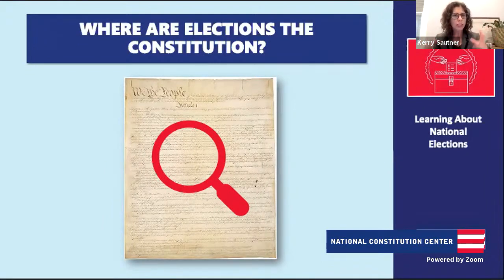So as we go through this process, we have a lot written into the Constitution, and at the same time, it feels different for different people. And why is that? We'll talk a little bit about federalism as well, which is always fun to talk about. My newest topic at every dinner conversation is I try to bring up federalism. So let's dive into where in the Constitution you find elections.